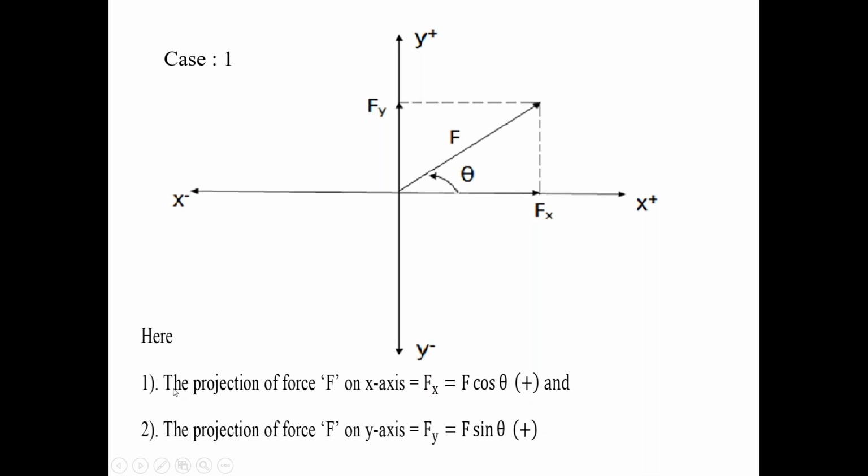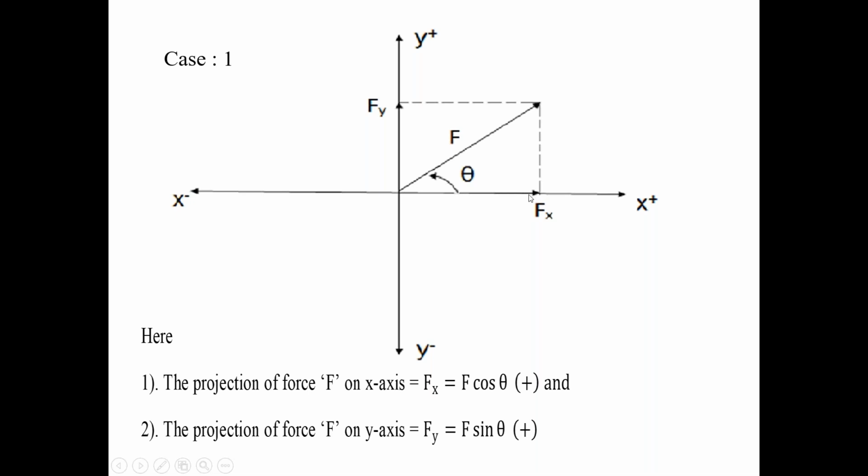Check here. Here, the projection of force F on x-axis, F cos theta, is taken as the positive projection because the direction of the projection Fx is towards the positive x-axis. So please everyone practice this, very, very important. Open the pen, put your pen nib in the direction of the force F. Rotate the pen, bring that pen onto the x-axis.